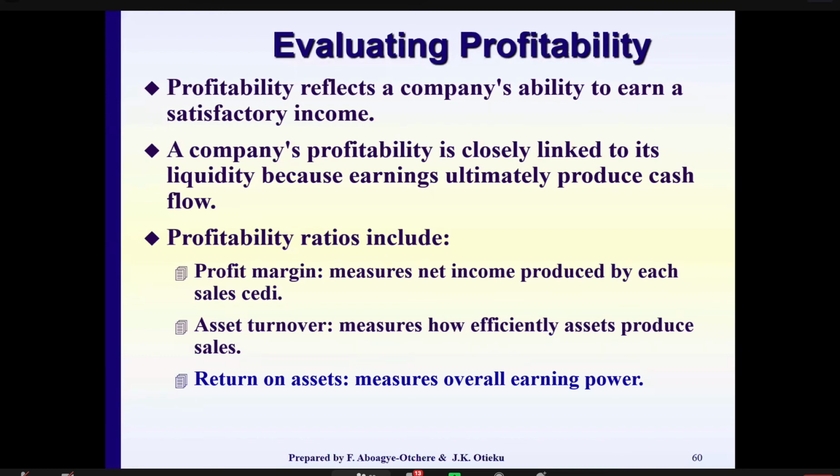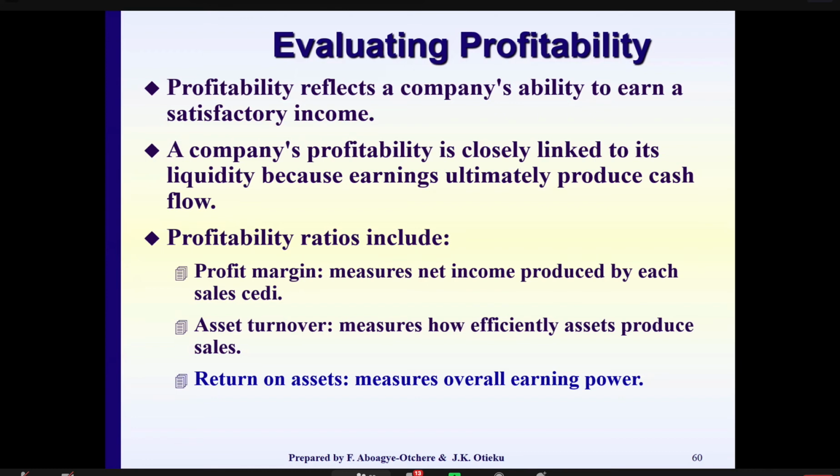Yes, James. Yes, sir. When it locks up a lot of capital in assets that cannot be easily converted to cash. Okay, great.